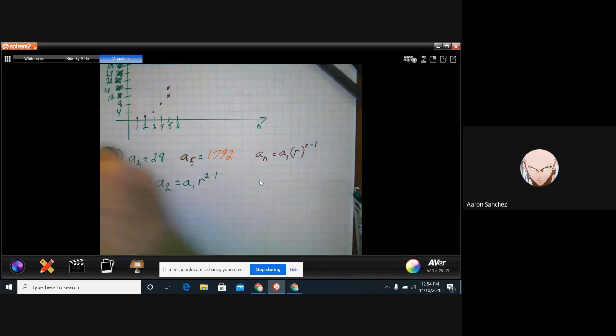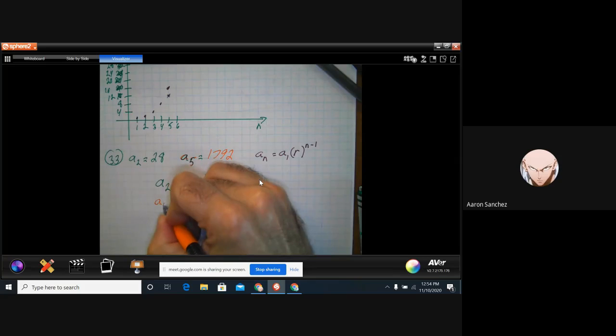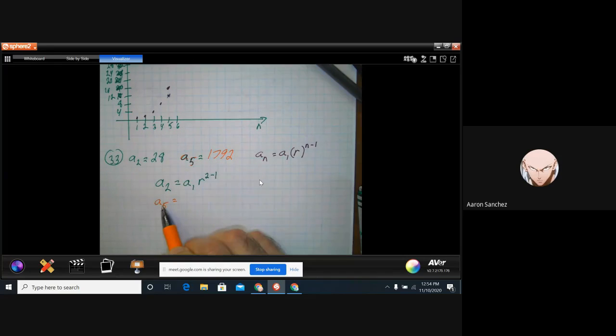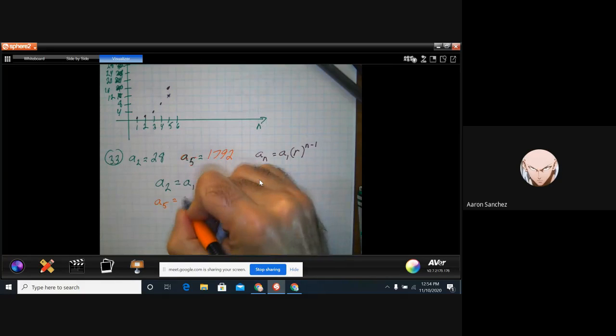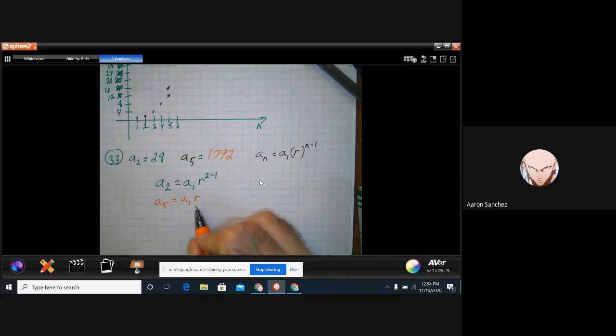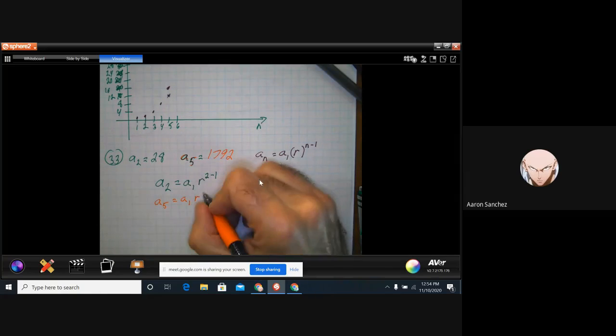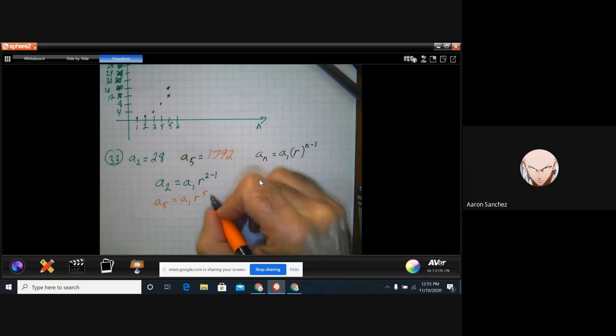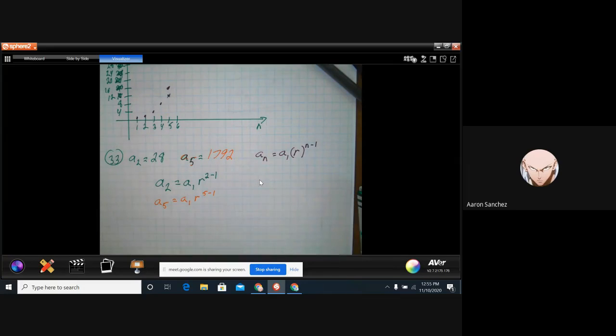And this one we'll do in orange, a sub 5 equals, remember we're going to switch this to 1792, equals a sub 1, r. Remember we need the a sub 1, we need the r. The 5 minus 1.